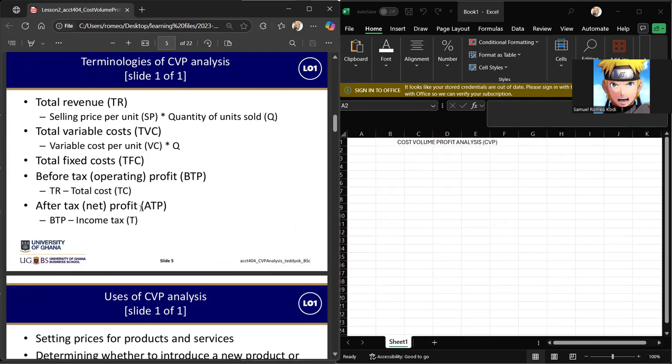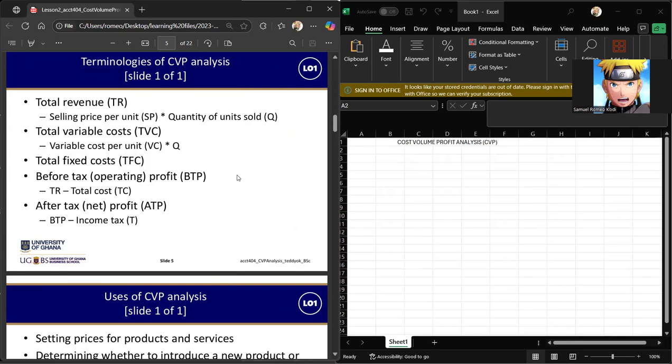Normally here we deal with profit before tax, so anytime there is a net profit, we just have to adjust it. So basically, what they are trying to tell you is that CVP is a study of the relationship between cost and volume and its impact on profit.